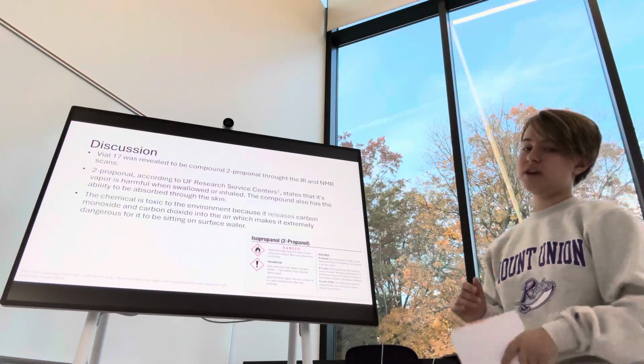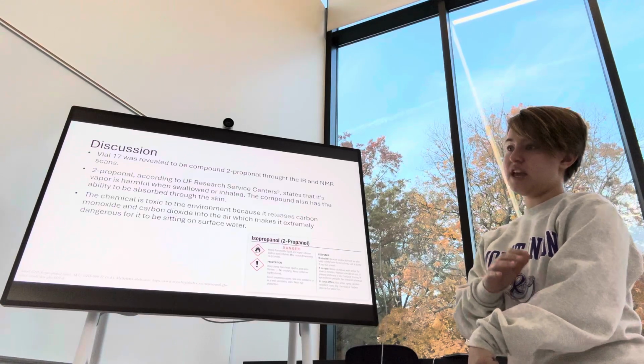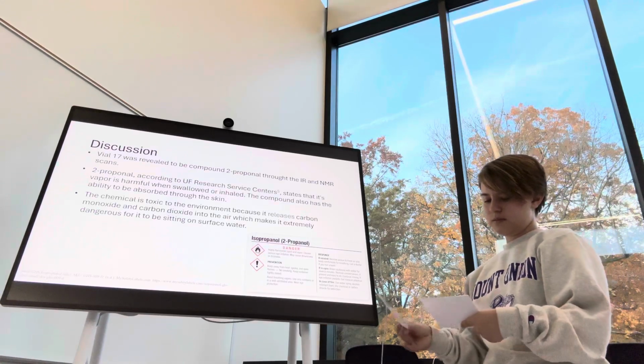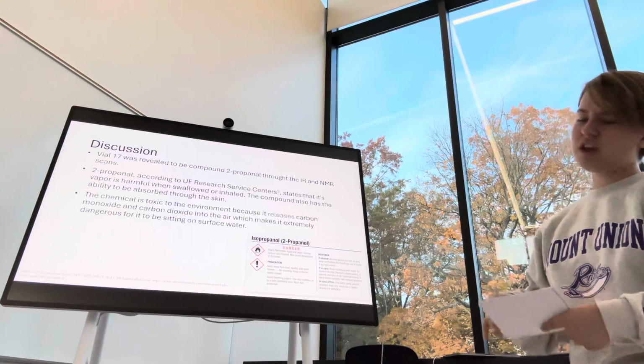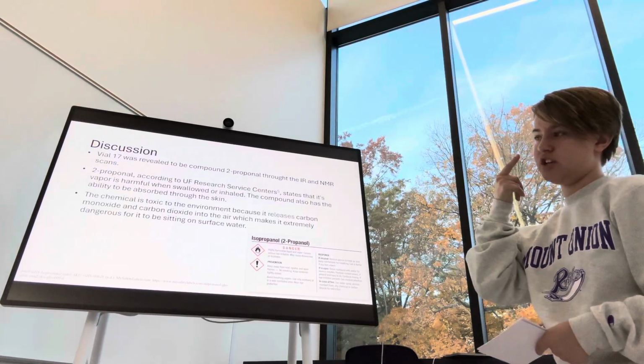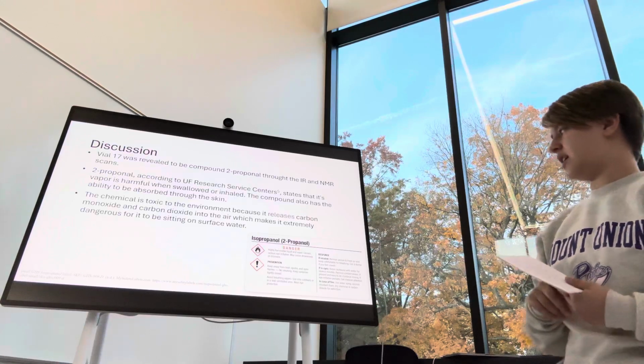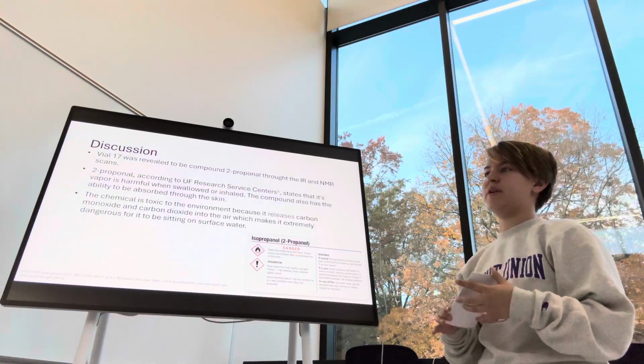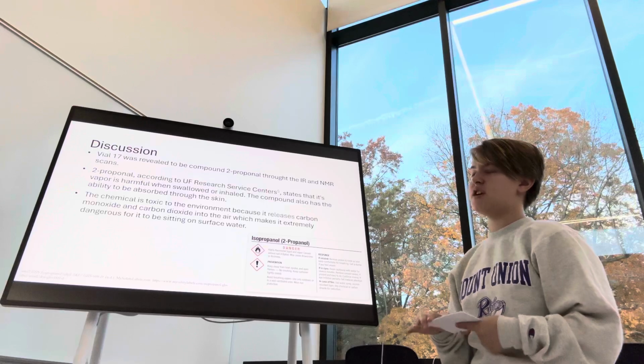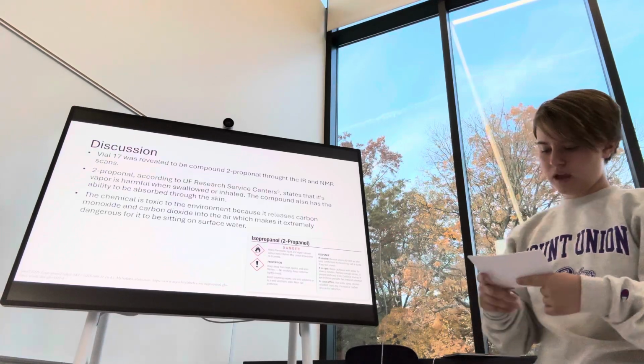The compound also has the ability to be absorbed through the skin. It usually causes eye irritation. It can cause death, dizziness, drowsiness. So it's very important to stay clear or use it responsibly.